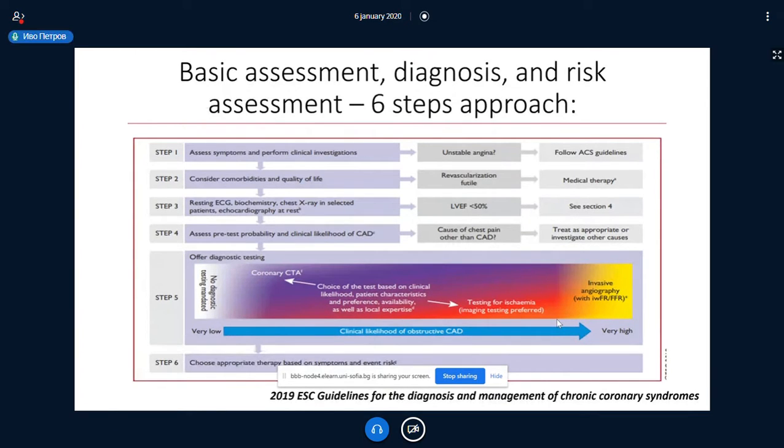In case we have a patient with chest pain, we need some kind of protocol. We need an algorithm and several steps in order to evaluate from the clinical, laboratory, and instrumental point of view. So in case the symptoms are relatively stable, what does it mean, stable? In the stable angina, we have the so-called pain threshold.